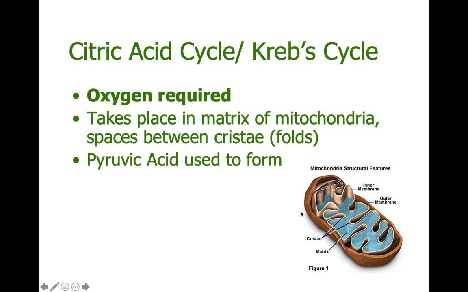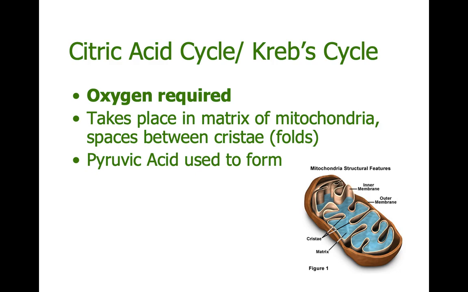The pyruvic acid is used to form several things. Well, the first question is, where did the pyruvic acid come from? The right answer is going to be glycolysis, right? That's why that's the first step. What we're going to notice as we go from glycolysis to the citric acid cycle, the Krebs cycle, to the electron transport system is that each step makes what's necessary for the next set of chemical reactions.